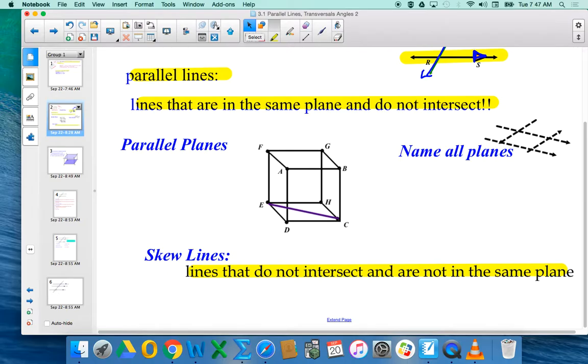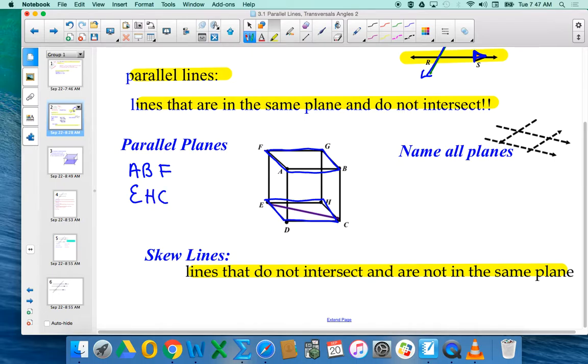if we wanted to determine if some planes were parallel, what planes would be parallel? Well, the top of the box is parallel to the bottom of the box. So we could say plane ABF and plane EHCD are parallel.